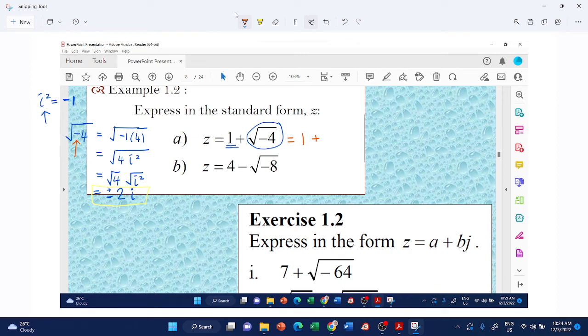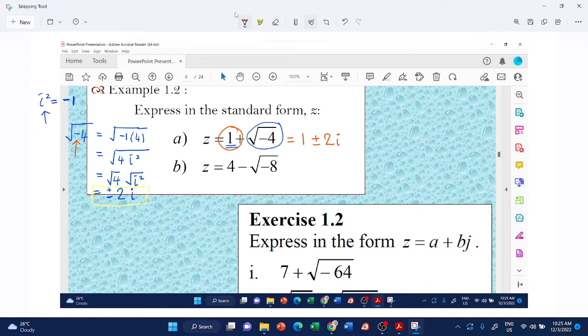So madam tulis apa ni? 1 plus what? One plus minus 2i lah. Kan kita dah dapat tadi. You faham tak ni? 1 tu untuk apa? 1 ni ada 1 lah. Oh, okay. Okay tak? Faham.